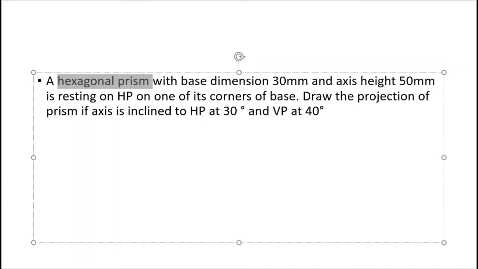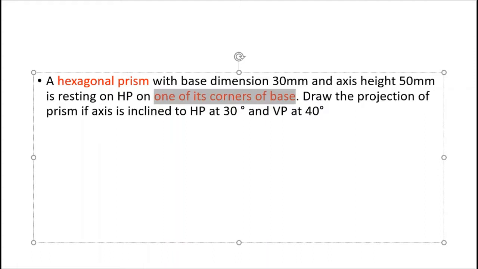Then you have to identify whether this object is kept in edge condition or corner condition. Here it is clearly mentioned that the hexagonal prism is resting on one of its corners of base. So in the first step you have to place the hexagonal prism in corner condition.